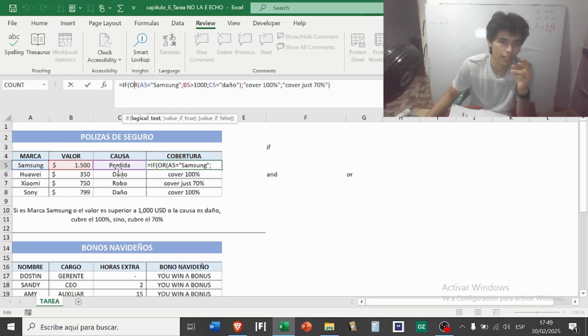In these cells, we ask this: if the A5 is a Samsung, you can cover 100%. If not, we go with the other question: OR is it above $100, or is the cause a damage?